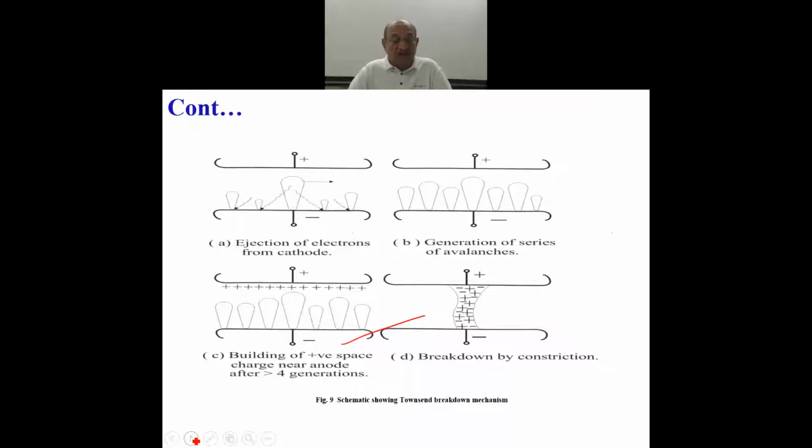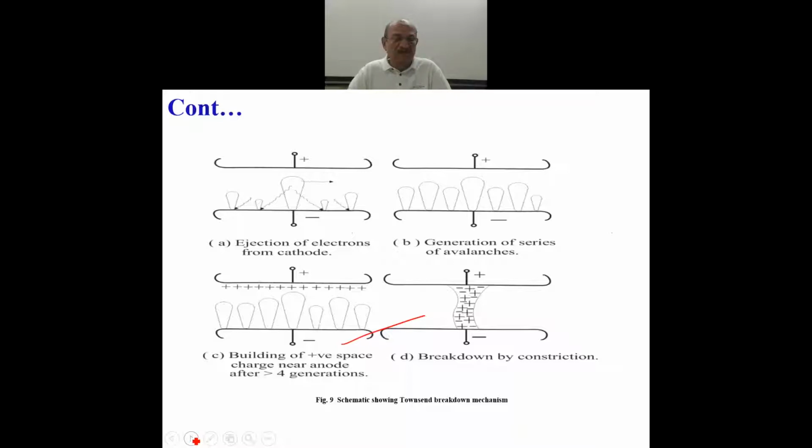But one very important thing here is that Townsend performed his experimental investigations on a uniform electrode system with a very small gap distance. He did not perform the experimental investigation for more than 4 centimeters.